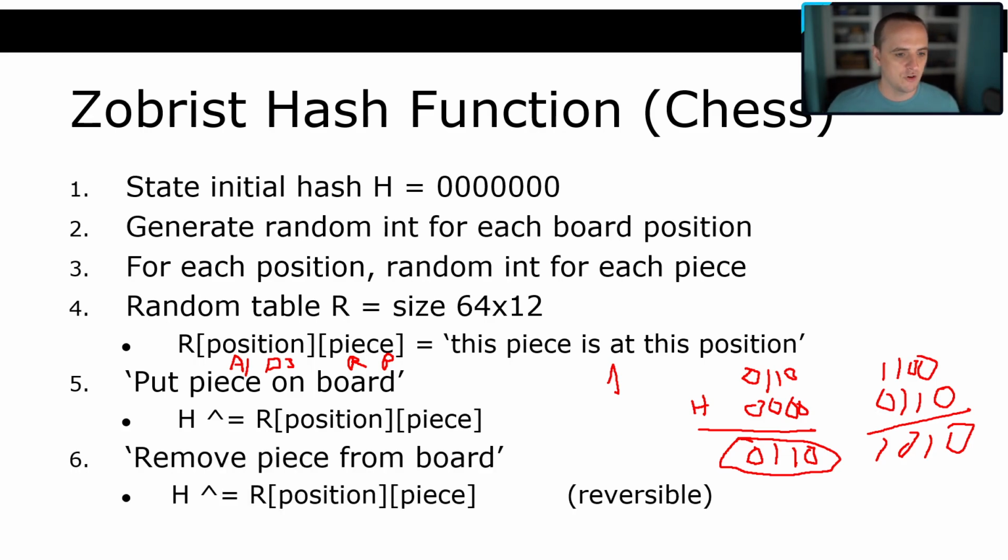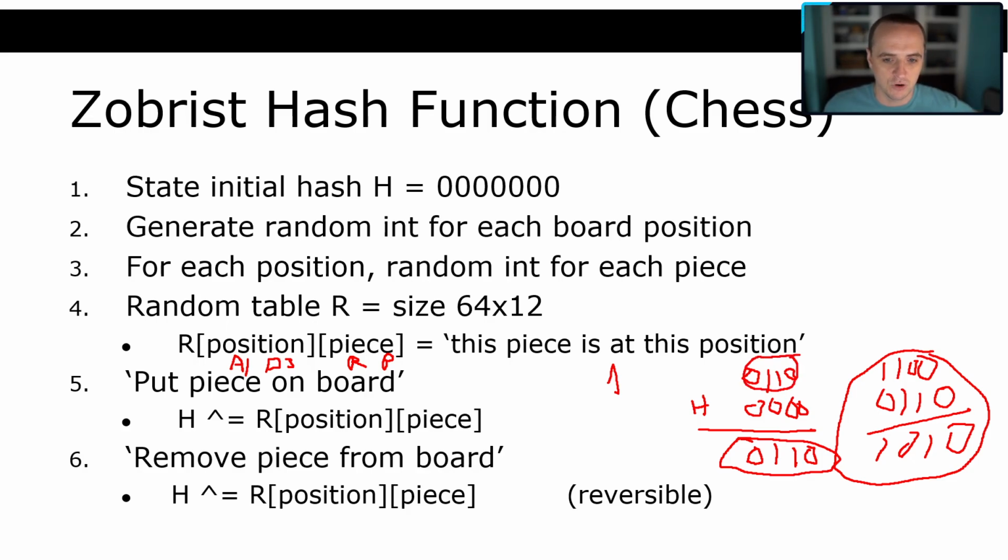Now, if we want to take a piece off of the board, all we have to do is the same thing as putting it onto the board, because it's reversible. So let's say here where we have the pawn at D3 and the rook at A1, well, this was the rook at A1 value.